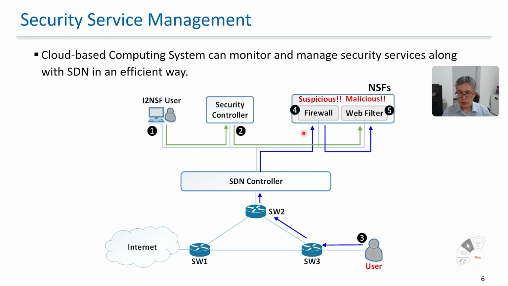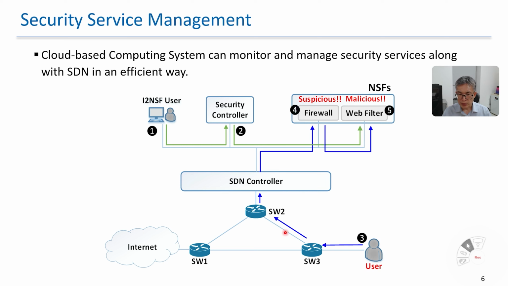the network security functions. We assume they are virtual machines or cloud-native containers, such as a firewall and a web filter. After that, a user can transmit traffic into this SDN network. These are SDN switches, OpenFlow switches, and in the middle we have the software-defined networking controller.